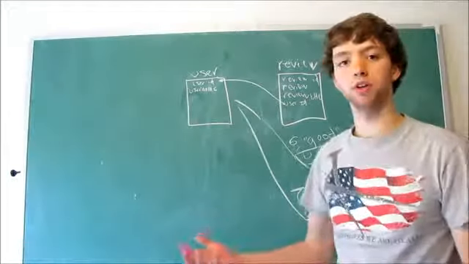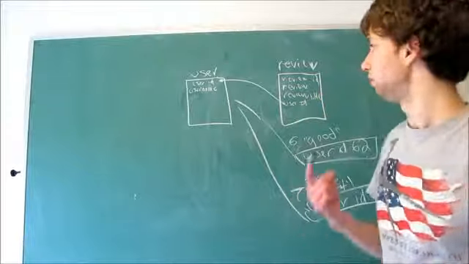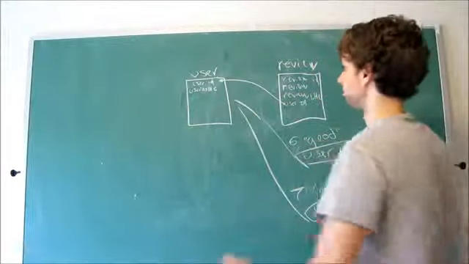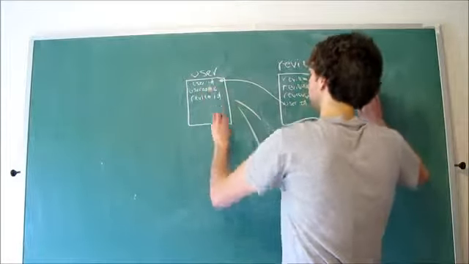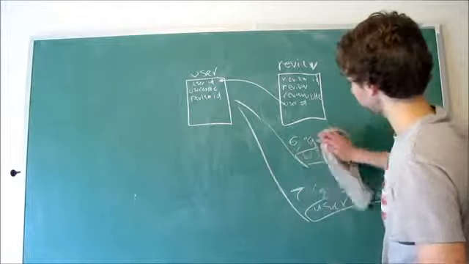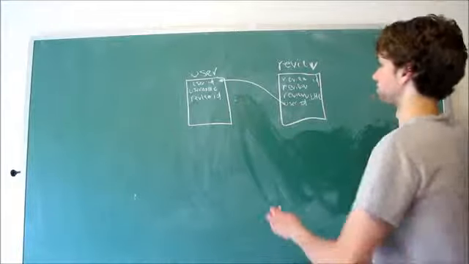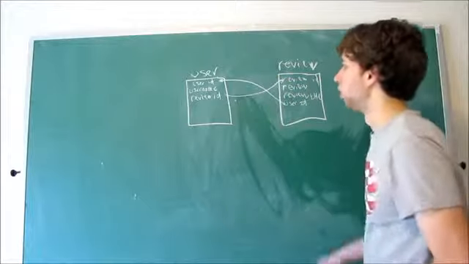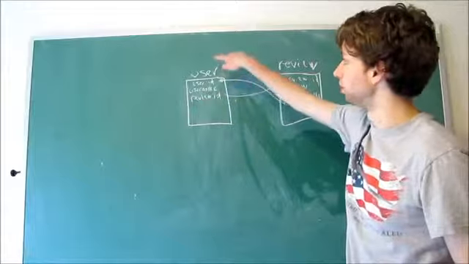If we wanted it so a user can only post one review, well, then we need to put the review ID in the user table. So now we have this sort of double connection thing here. Because this review ID connects it, it's saying only one review ID can be from the user.